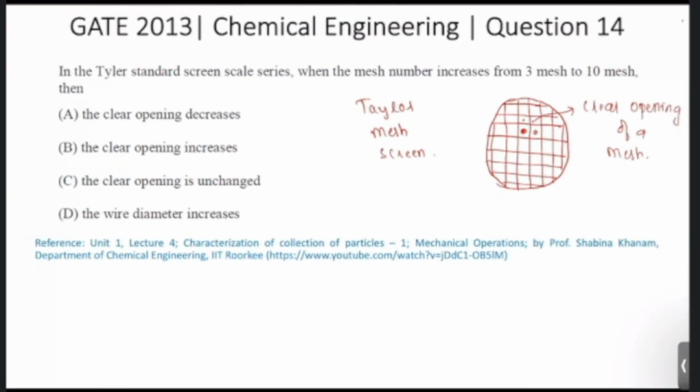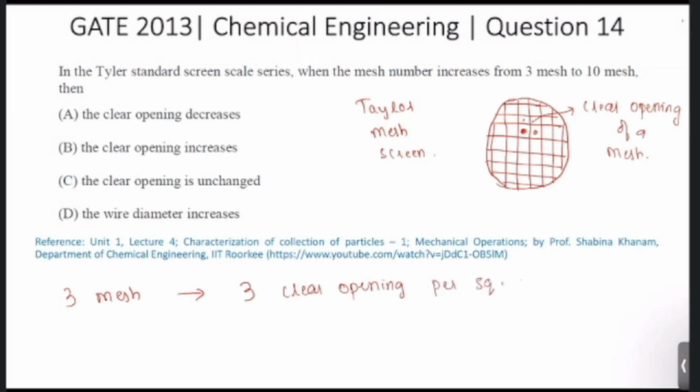When we say 3 mesh, that means there are 3 clear openings per square inch of the sieve or the mesh screen.